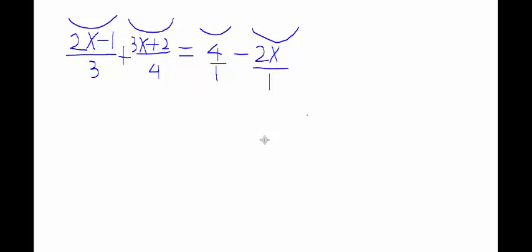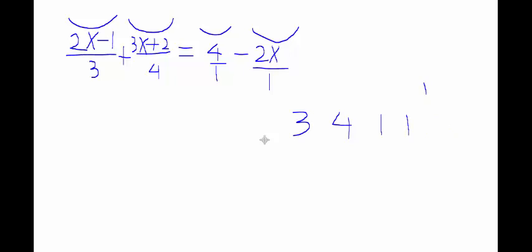First, we're going to put all the denominators in a line: 3, 4, 1, and 1.